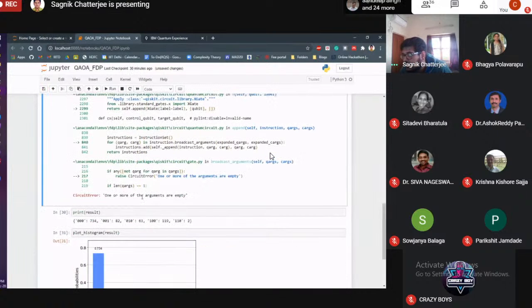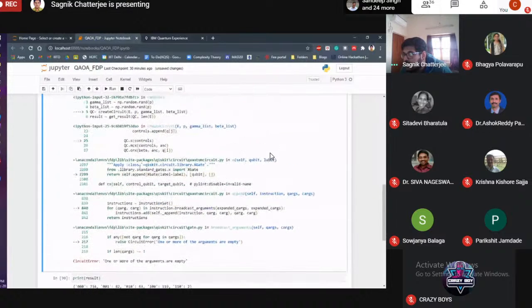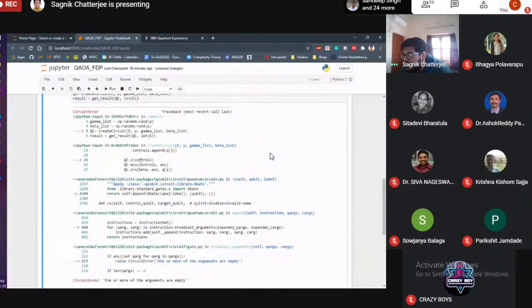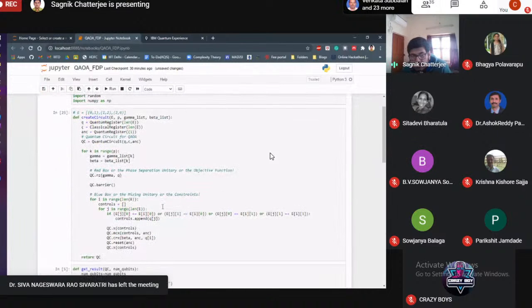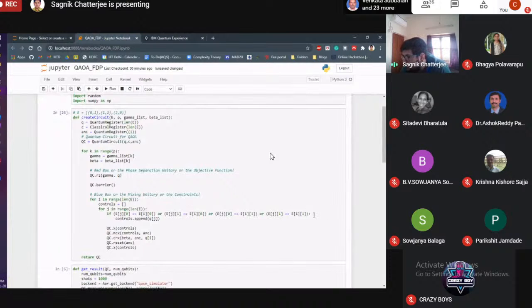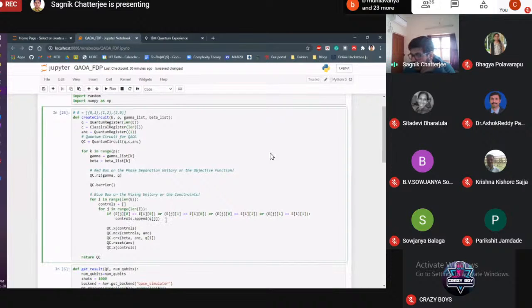Okay, one of the arguments is empty. x dot controls is empty. So there is some problem with this operator. Let's try to debug what this problem is. What we want to happen is if the jth qubit, so why is this empty?